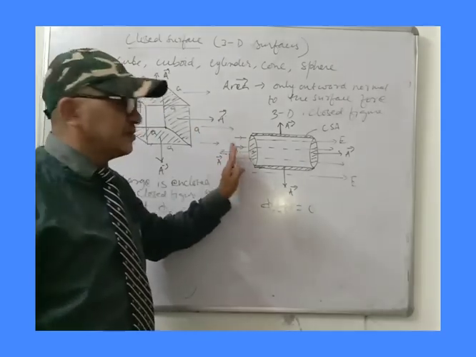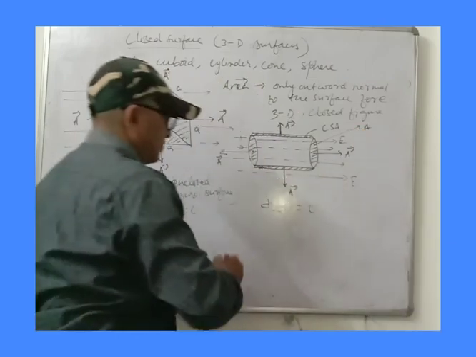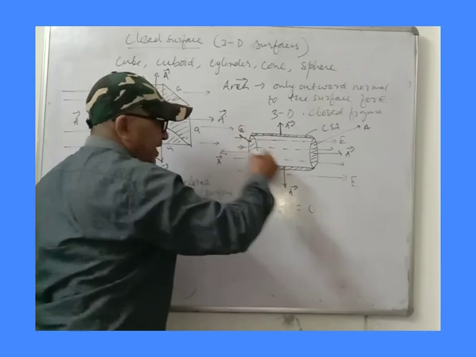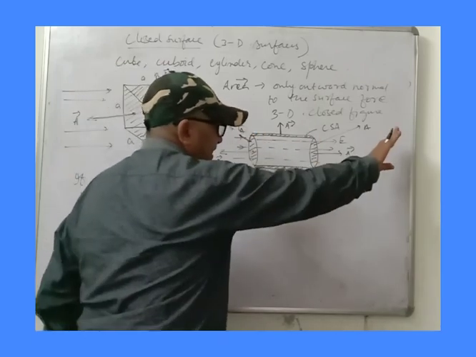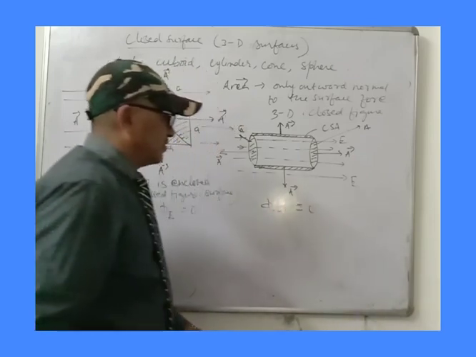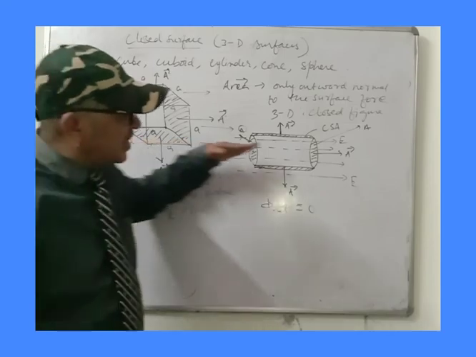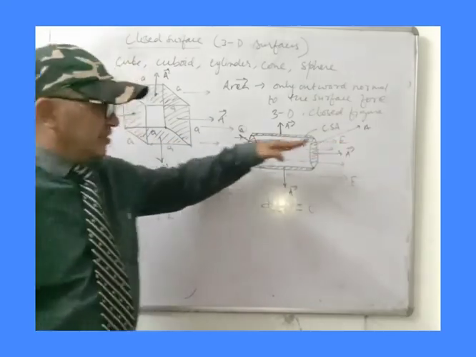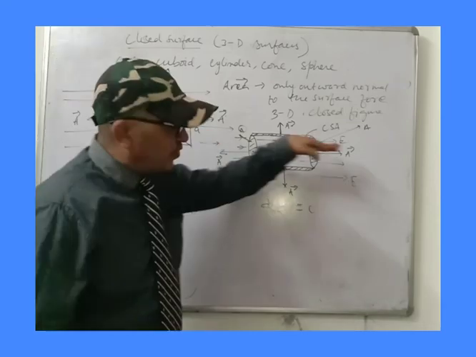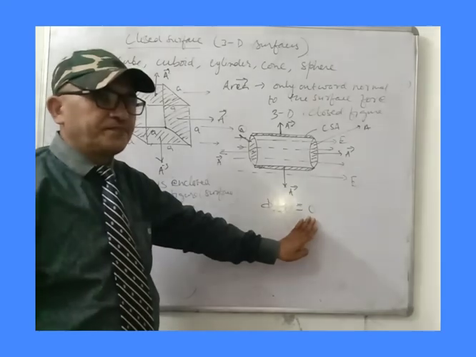Since the area is the same, plus EA minus EA, total 0. So when electric field lines coming from somewhere else cross a closed surface, the net flux will be 0.